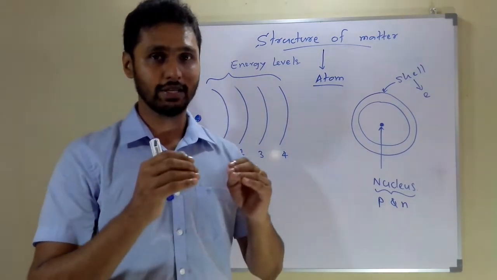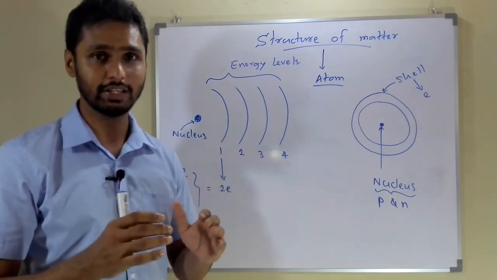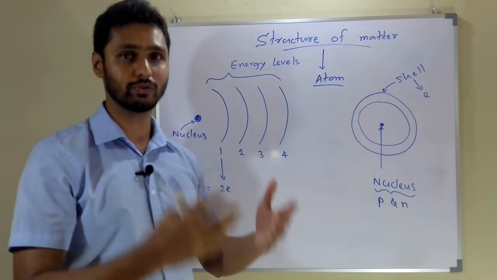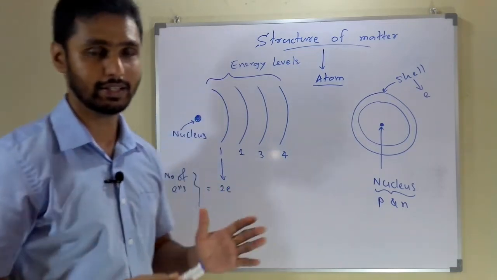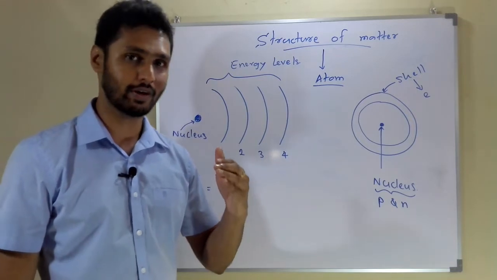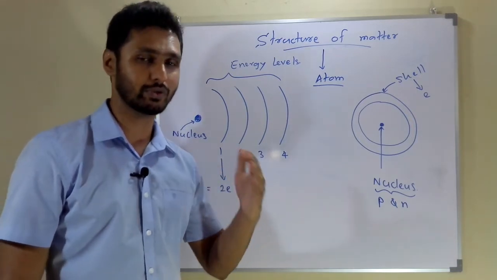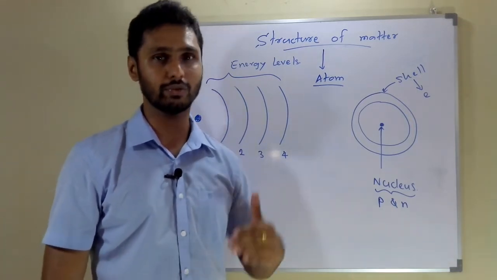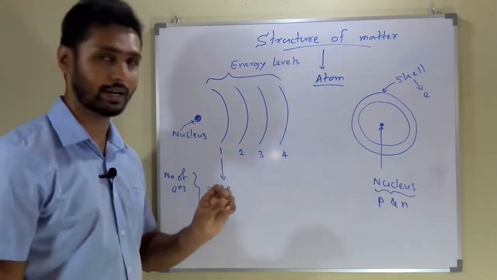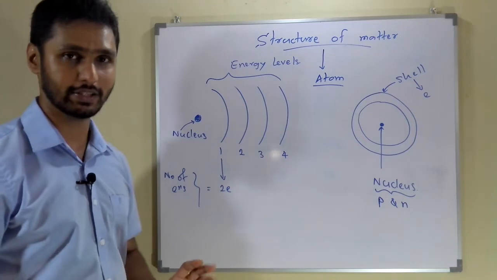That means in the first energy level there are no more than 2 electrons at any instance. It may be 1 electron or 2 electrons. More than 2 electrons cannot be present in the first energy level.